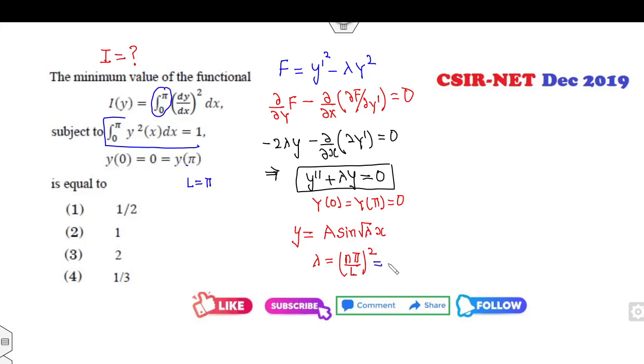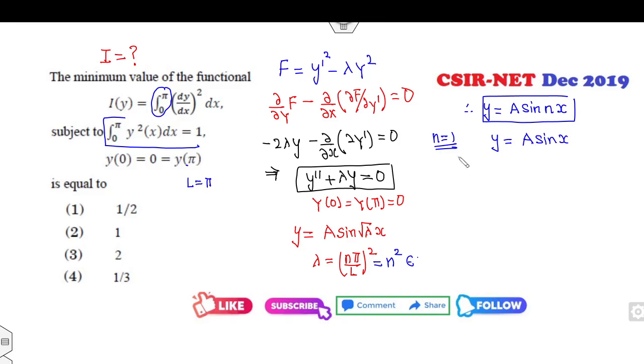So that means lambda will be n square. Therefore the value of y will be A sine nx. Now, because n is an integer, I can choose a particular value 1, because in the option there is no n given.